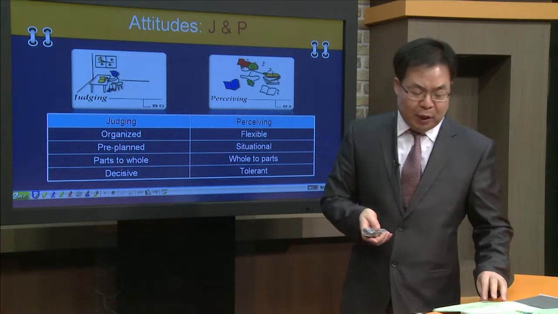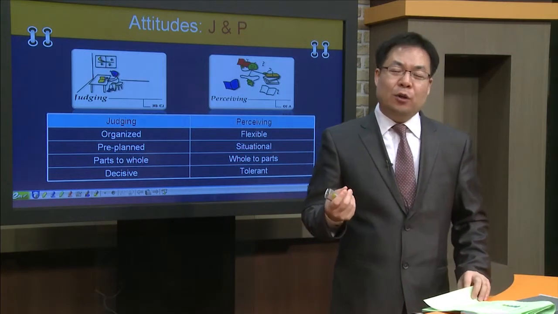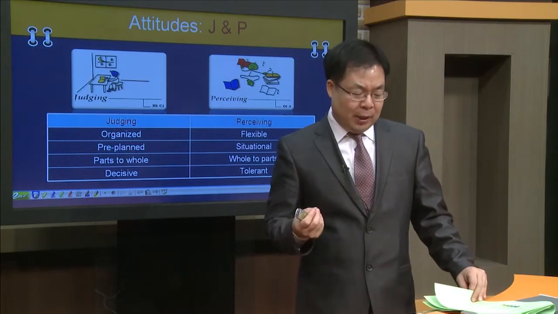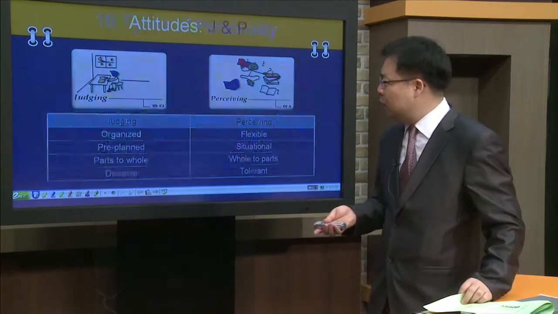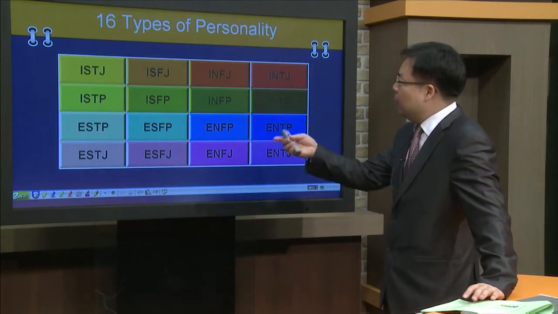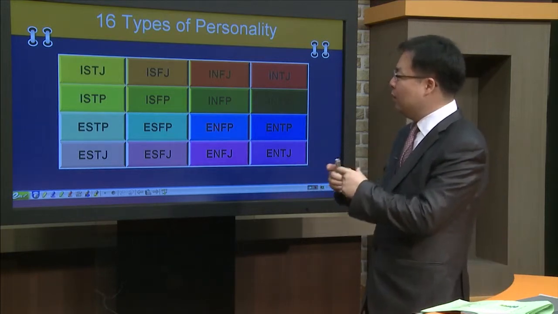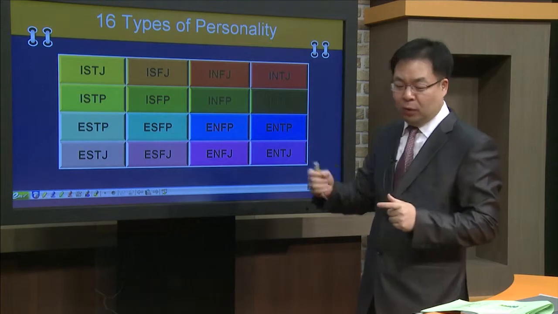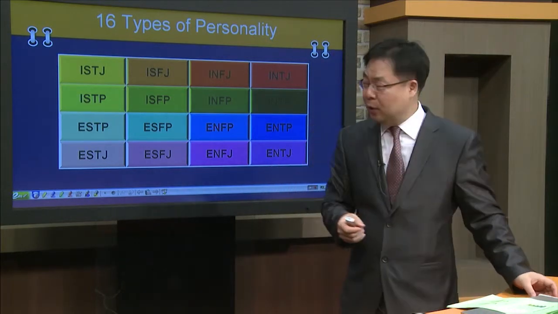So the MBTI shows 4 different indications: direction of energy, perception, judgment, and lifestyle. Those 4 indications make 16 different characteristics like here. So you should have one of these personalities, okay? If you complete the test, you should have one of these.